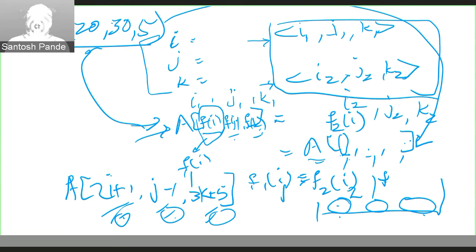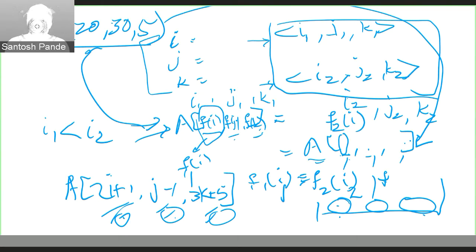Now, let's consider the different relationships which could be there. Let's say I1 is less than I2. This is the relationship we found on the vector when we solved these equations.